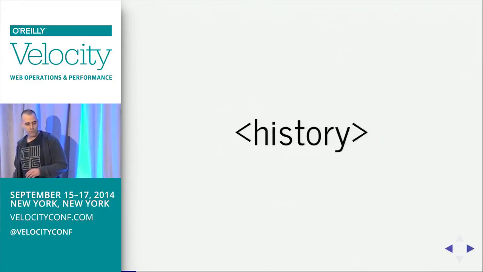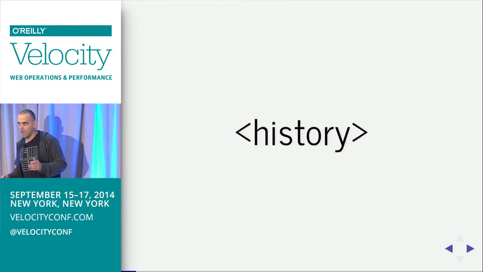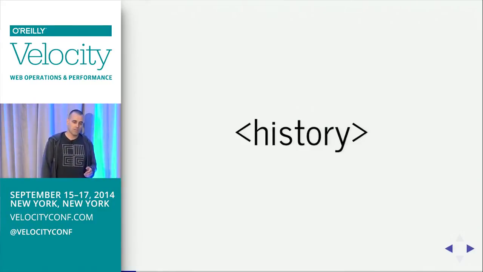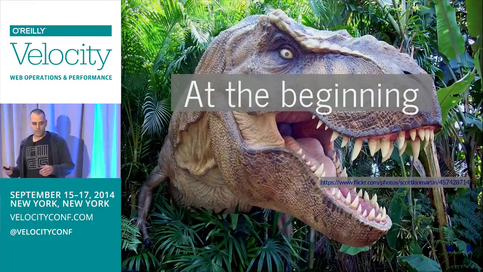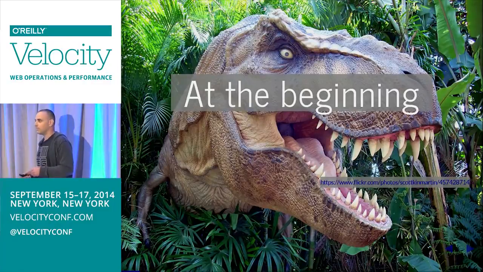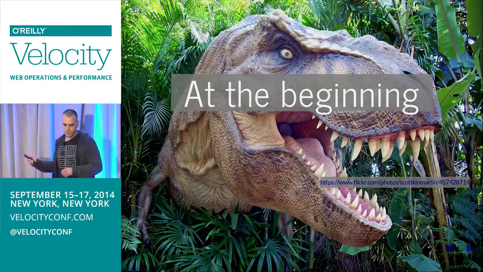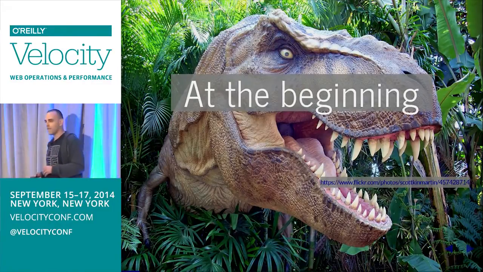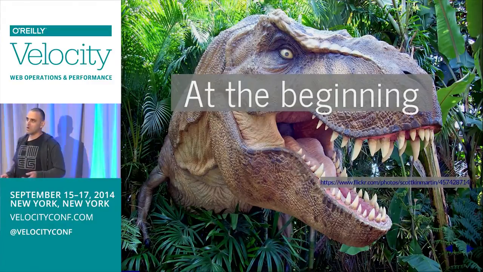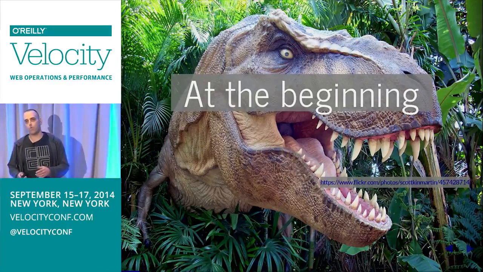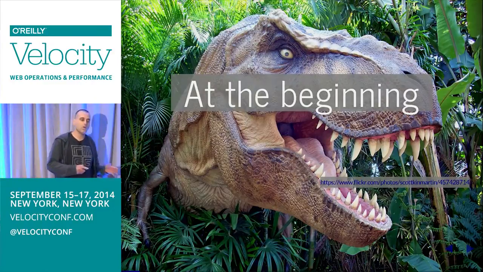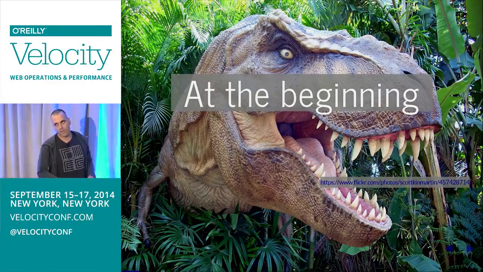So a few words about how it all began. If we go back to ancient history, the mid-2000s, all we had when it comes to the web on mobile was mobile-only websites.